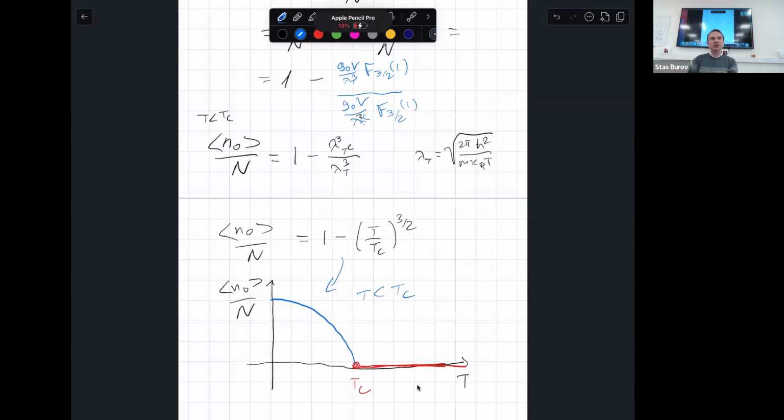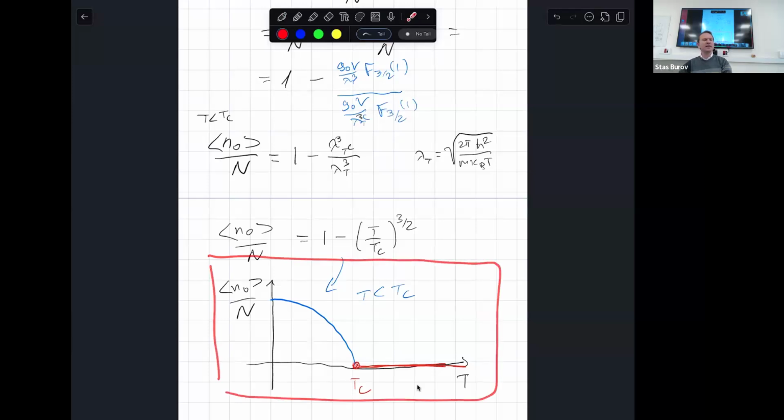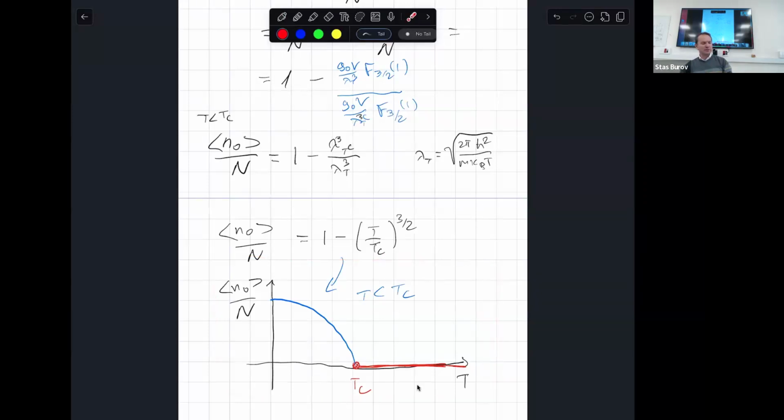So this is the expectation, but it cannot be verified experimentally. We cannot go and measure this, at least not back at those times. But this is a classical example of condensation, and we have an explicit mathematical form to describe it.